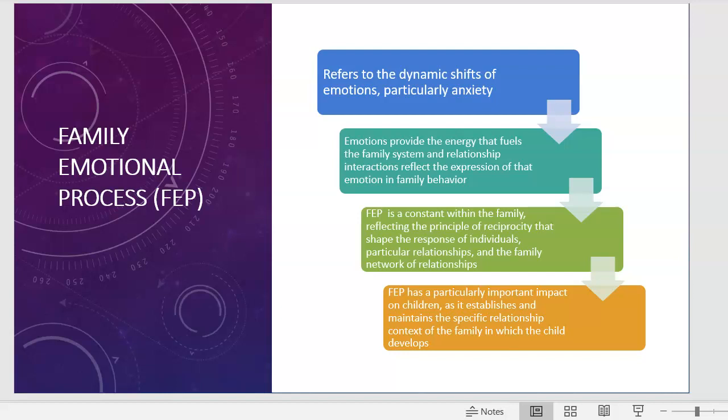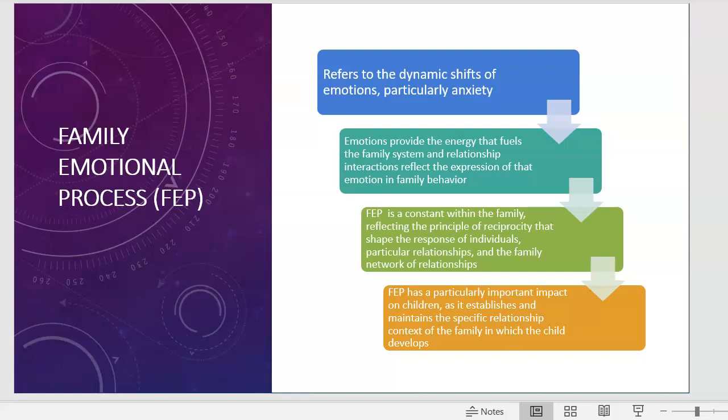So emotions provide the energy that fuels the family system, that's shared among the whole family system, and the actual relationship interactions reflect the expression of that emotion within how the family behaves, and especially how well the family is able to function. So when you assess the family dynamics and the family interdependence and the family relationships, that is going to give you clues about the emotional energy that is shared within the family system.